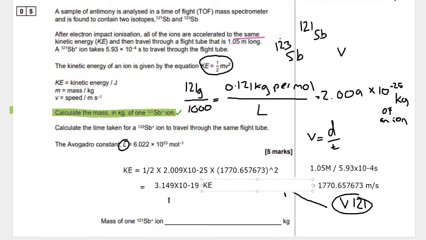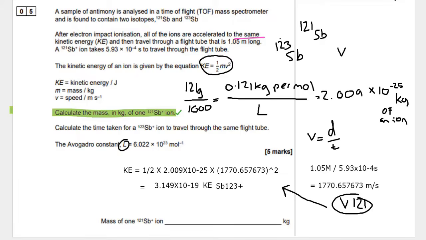Now we know that the KE is the same for the 121 ion, and it's also the KE of the 123 Sb plus ion. So let's stick that in there.